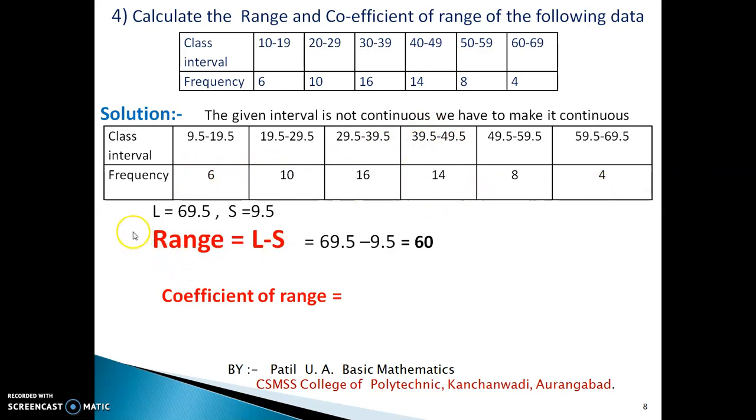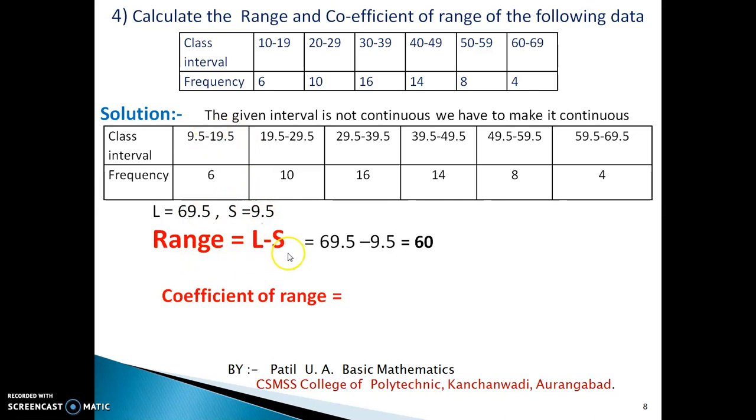Okay. Now find L and S. L and S are also taken from the class interval only, not from the frequency column. So L equals 69.5, S equals 9.5.